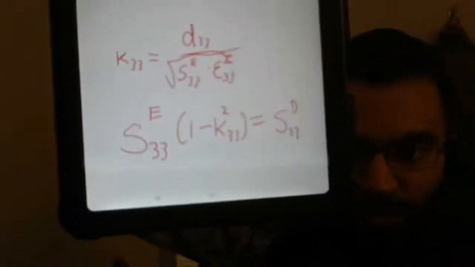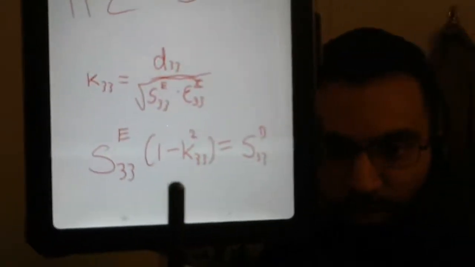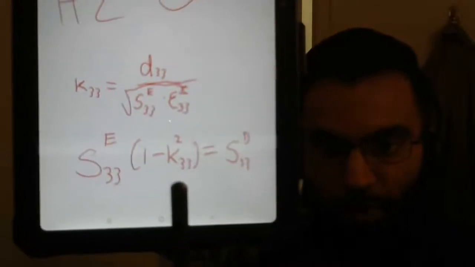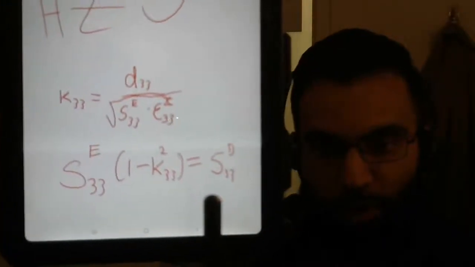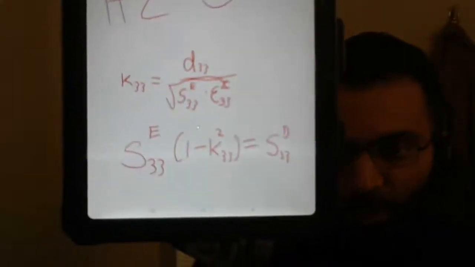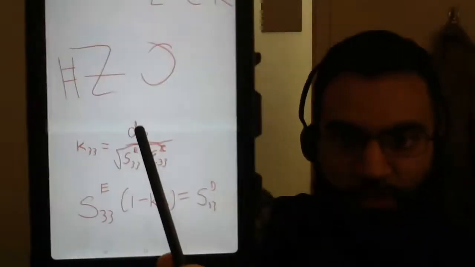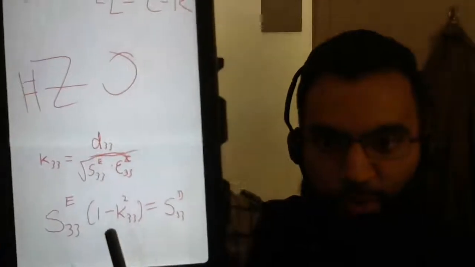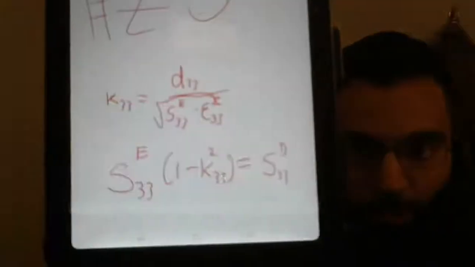You can just take the inverse of this. So the compliance under constant electric field in the 3,3 direction multiplied by 1 minus the coupling factor squared is equal to the compliance under constant electric displacement. If you change this value, you would change the coupling factor, which you would then use to calculate the new compliance from your experimental coupling factor for your transducer, or calculated from the resonance and anti-resonance frequencies for your transducer.